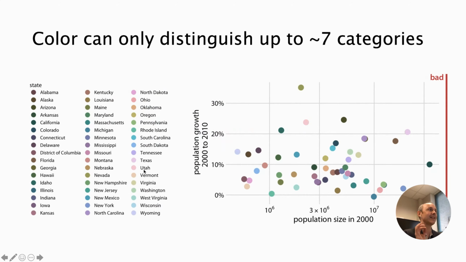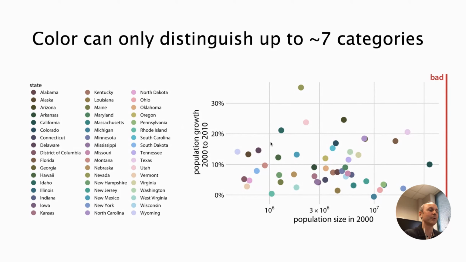I have a really good screen here that has really good color resolution, and I can sort of see that probably this is Ohio. But this one over here, maybe it's Delaware, maybe it's Iowa, maybe it's Alabama. I'm not quite sure. It gets really complicated, right? It's not really easy to read.